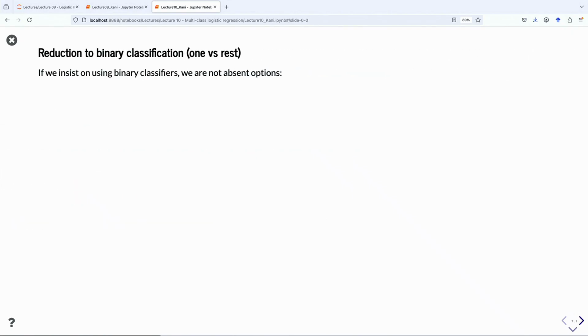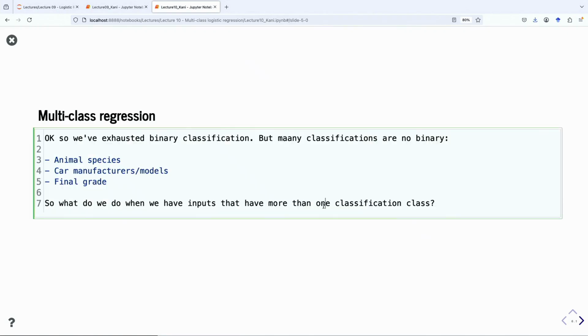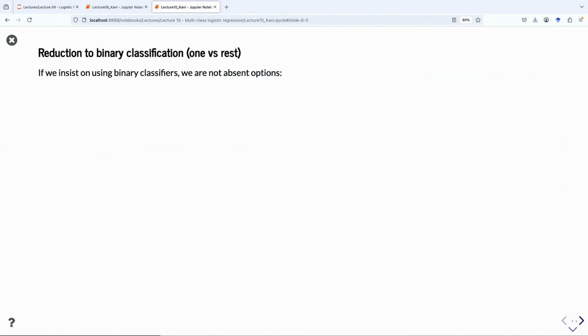So, more than 2 classification classes. There are a couple ways we could go about this. We could go about this the avoidance way.